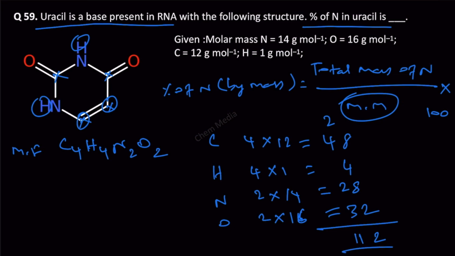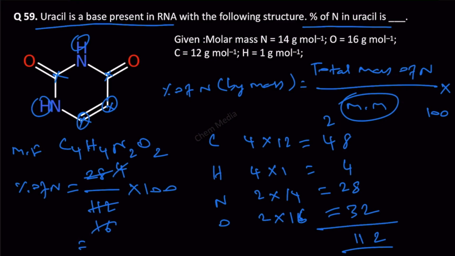This means percentage of nitrogen is equal to total mass of nitrogen. We have 2 nitrogen atoms. So therefore 28 divided by 112 times 100. So basically this is 1 by 4. 1 by 4 means 0.25. So 0.25 times 100, that is equal to 25%. Therefore 25 is the correct answer.